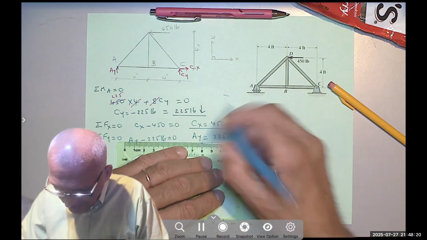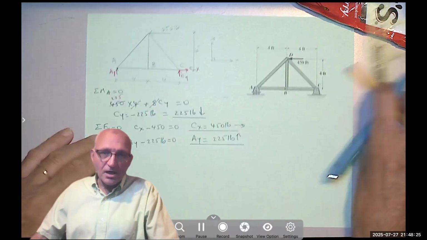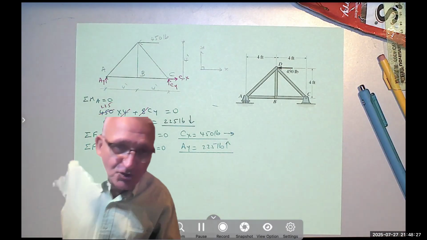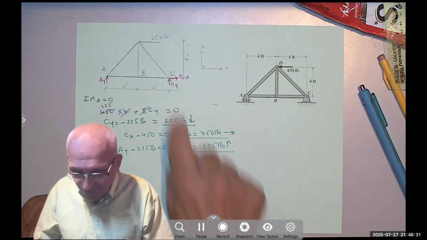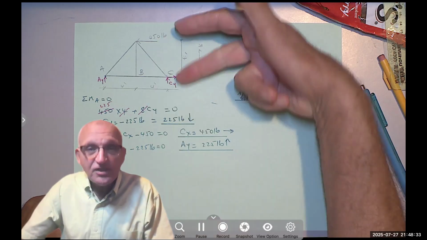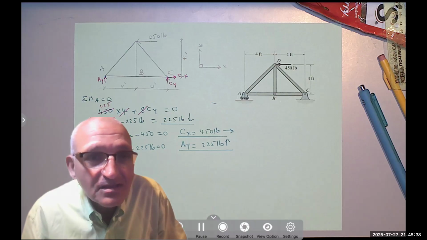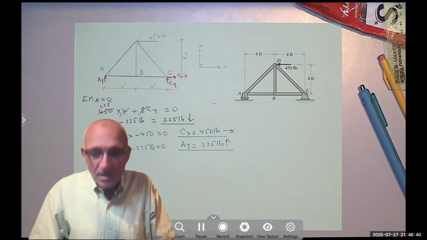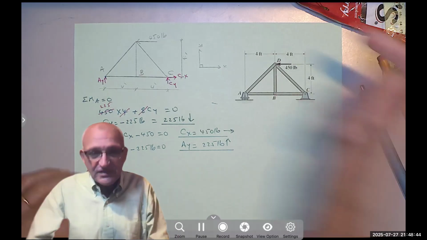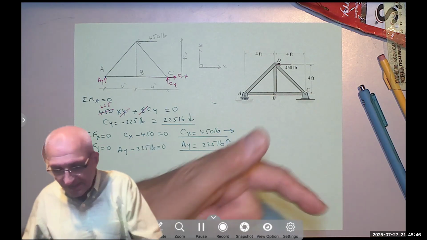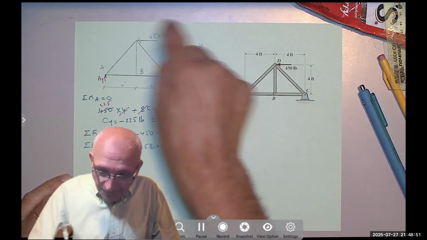And here, I want you to see something interesting. Again, it's not hard, but I want you always to look at what we've done. Of course, Cx is 450 because these are the only horizontal forces. They have to cancel each other. But did they cancel each other? No, they are a couple. 450 to the left, 450 to the right, a distance of 4 between them. So they produce a positive moment.